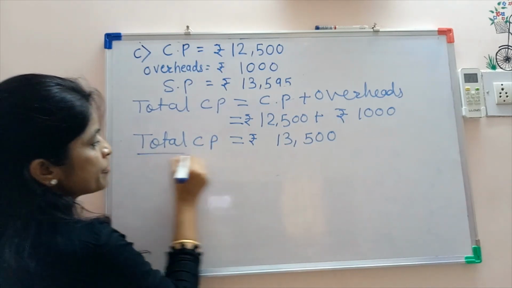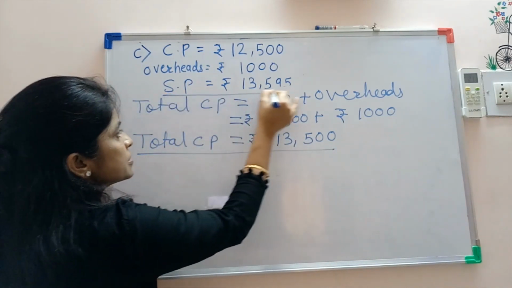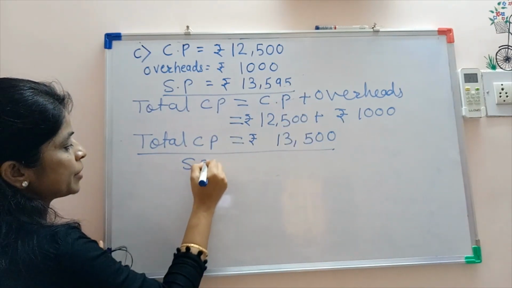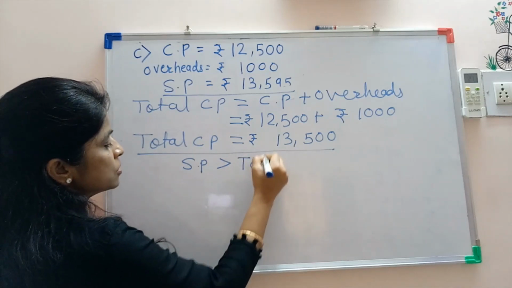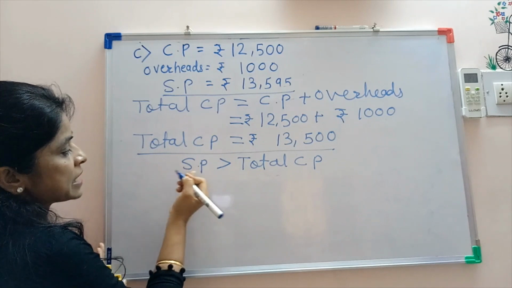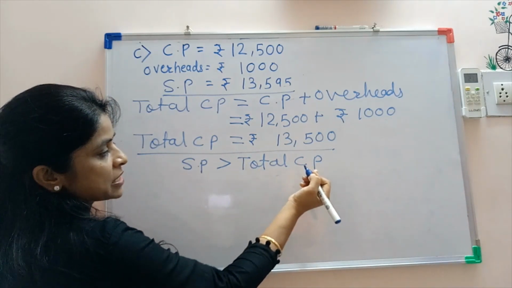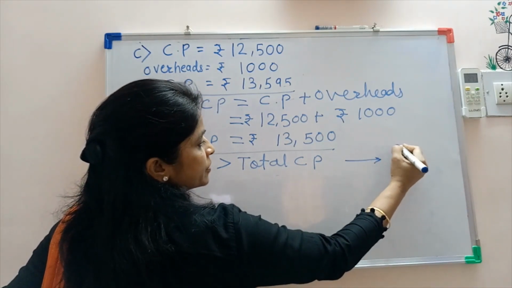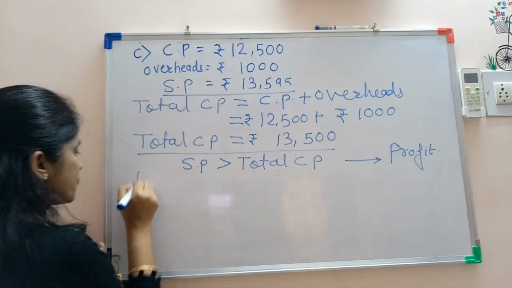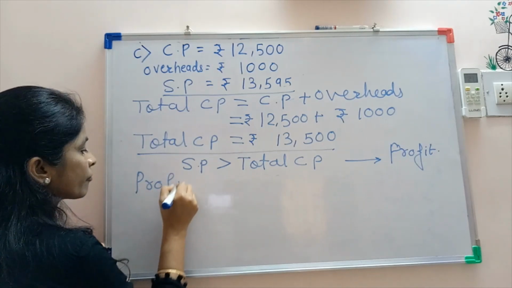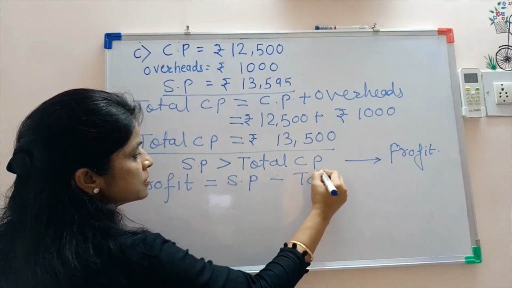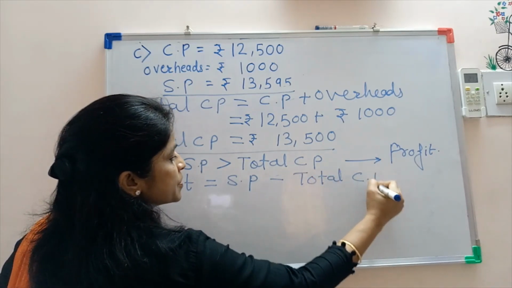Now we will compare total CP with selling price. Now see which is greater. Here selling price is greater than the total CP. Since selling price is greater than the total CP, there will be profit. So profit is equal to selling price minus total CP.